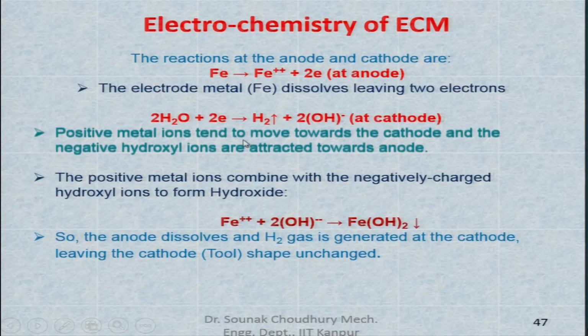In the case of ferrous material, at the anode Fe2+ ions will be created and 2 electrons will be created. The electrode metal, ferrous, dissolves because the ion is created, leaving 2 electrons in the anode, in the workpiece material.